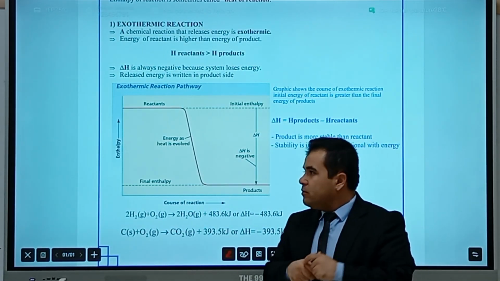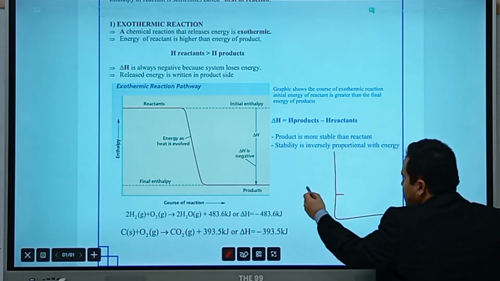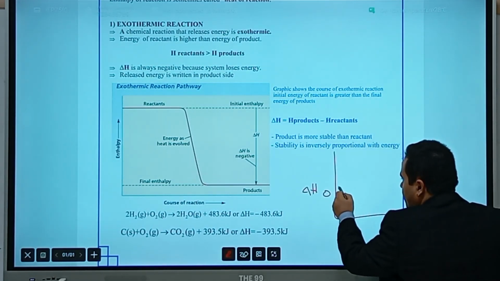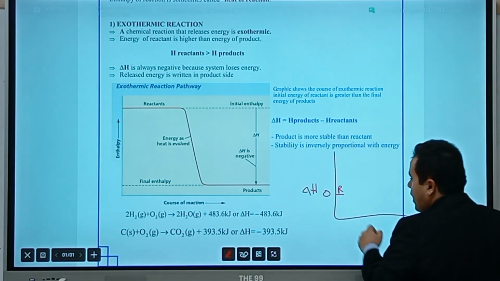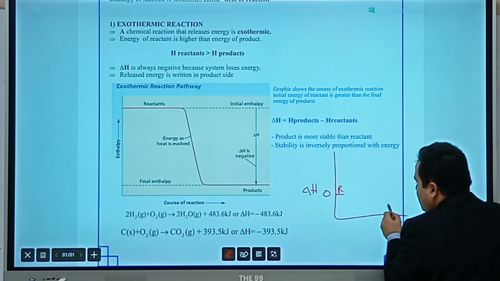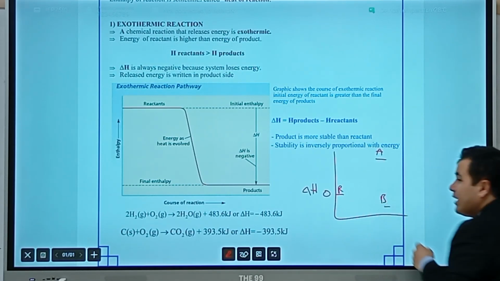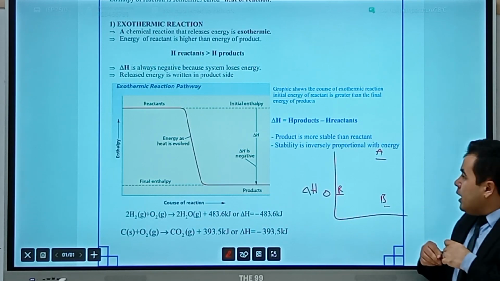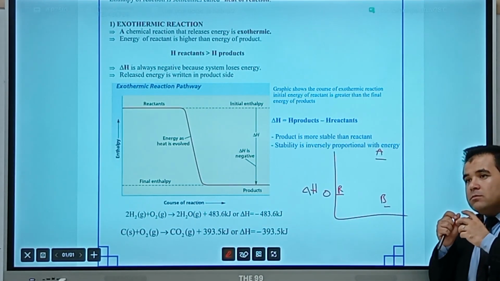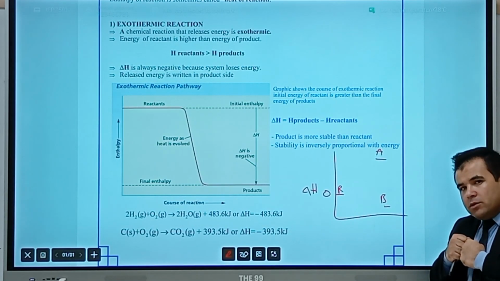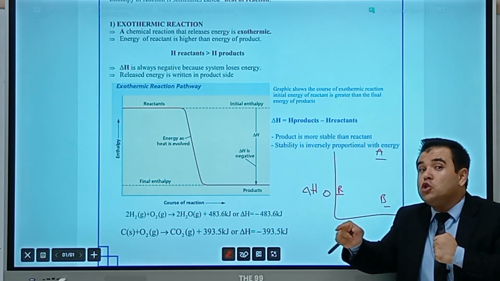The reactant, suppose this is the enthalpy, zero. Reactant is at zero. Where should be the position of product, A or B, for the exothermic? Logically, exothermic means the reactant releases heat to reach the product.